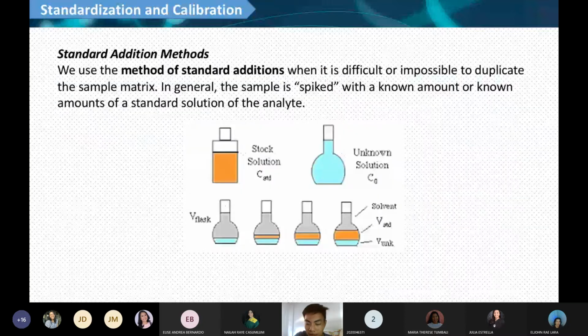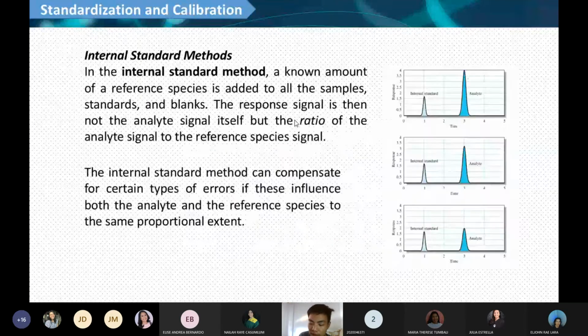Okay. Standard addition method is similar, no? With internal standard, no? So, ganun din. You have your known concentration, ilalagay mo siya sa inyong solution. Okay? So, depending on the intensity ng change ng response ng instrument, you can determine the concentration of your sample. So similar lang to actually.